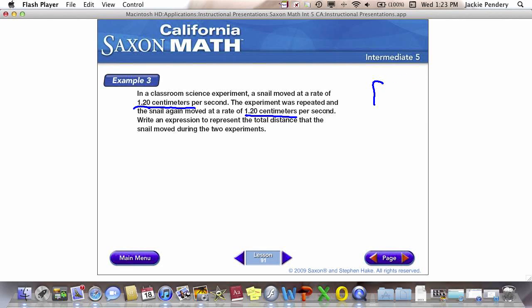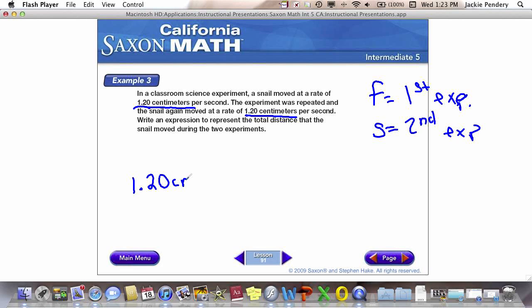We're going to use F for the first experiment, and we will use S for the second experiment. So I know that for the first, the snail moved 1.20 centimeters times F. F is the amount of time, okay?